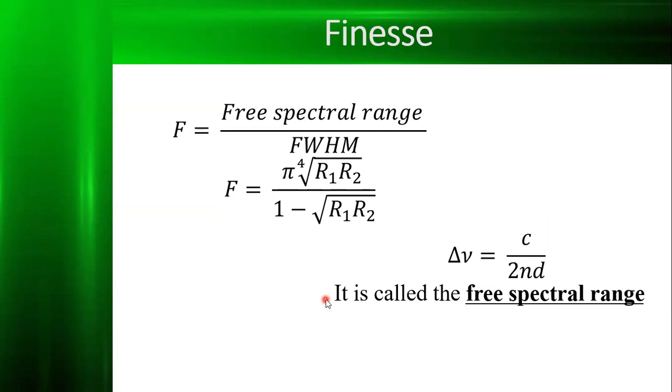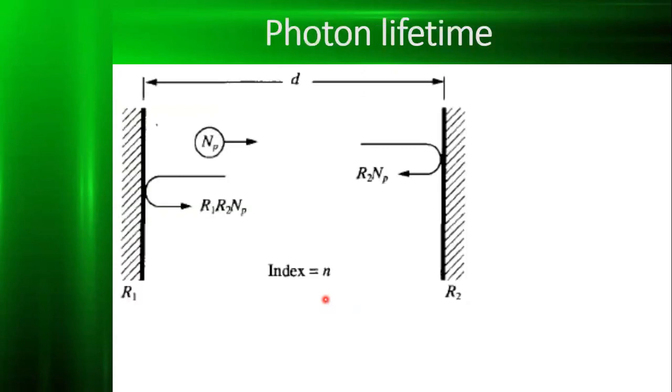Okay, that's perfect. Now we will turn to another point, again related to the cavity, which is the lifetime of the photon in the cavity. What is the lifetime of the photon in the cavity? So let's now demonstrate the same story we have already demonstrated in part number 1, but in terms of number of photons instead of an electromagnetic wave.